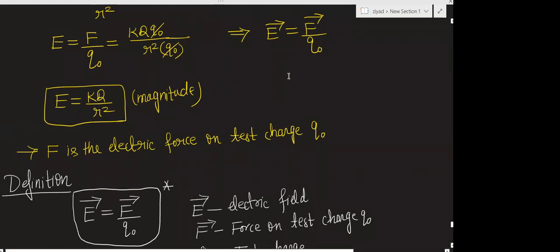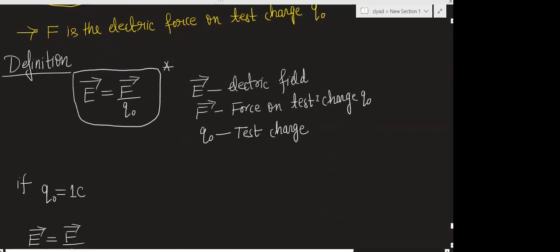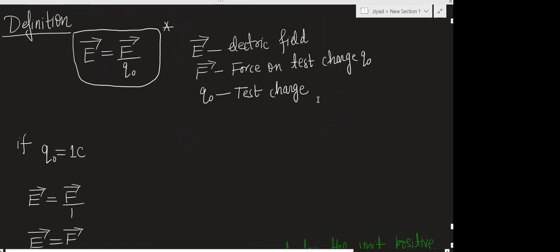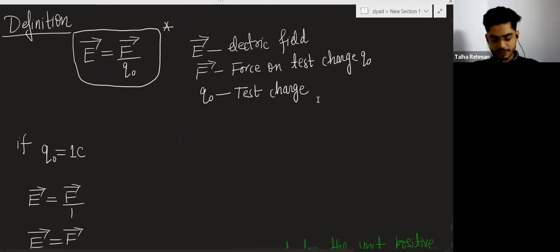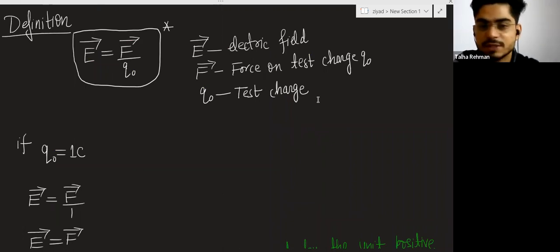So there can be two definitions of electric field. First, it is a space around a charge in which the test charge experiences the electric force. Another, this is the force on a unit positive charge placed at a point.